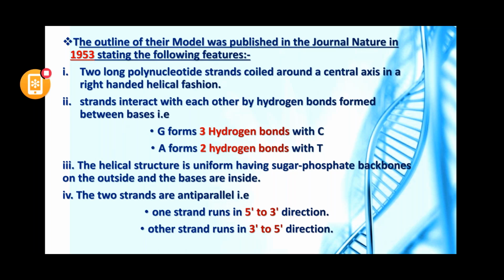That is, G forms 3 hydrogen bonds with C and A forms 2 hydrogen bonds with T. The third point: the helical structure is uniform, having a sugar-phosphate backbone on the outside, and the bases are inside, and these bases interact with the two strands by forming hydrogen bonds between them.